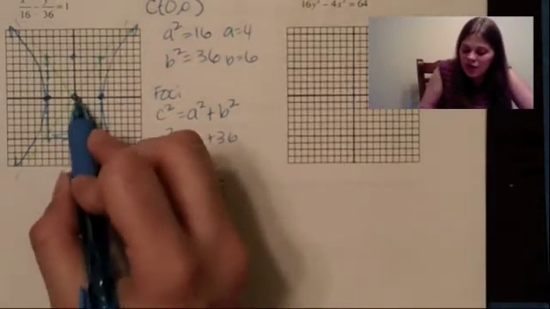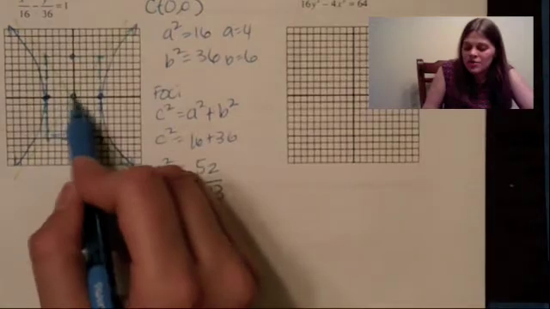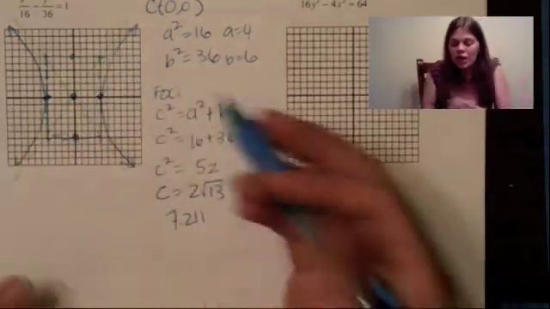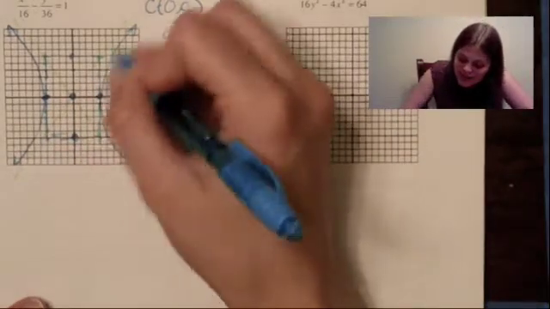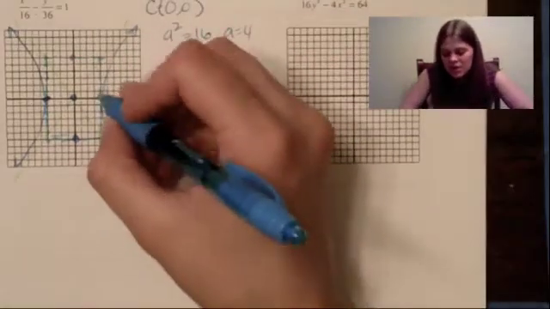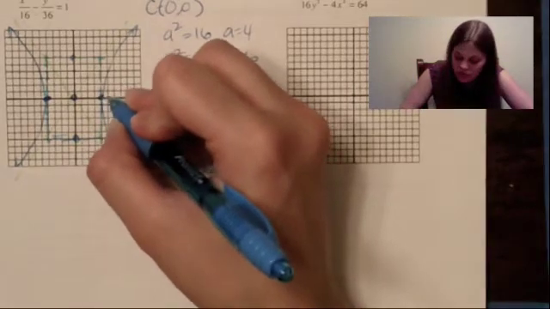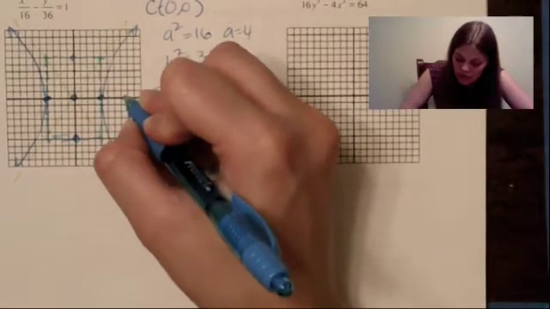So your foci are along the direction where you're opening up. Your foci are going to be inside this sideways parabola shape. So I'm going to go 1, 2, 3, 4, 5, 6, 7.2.